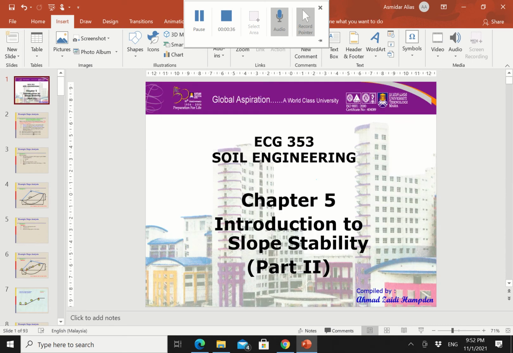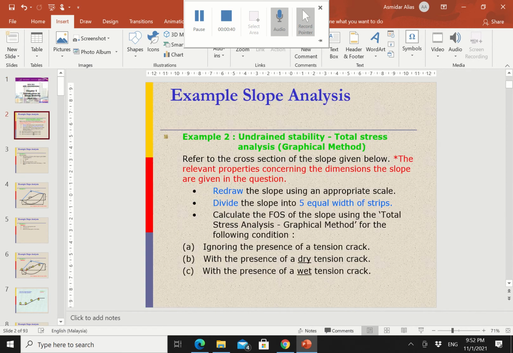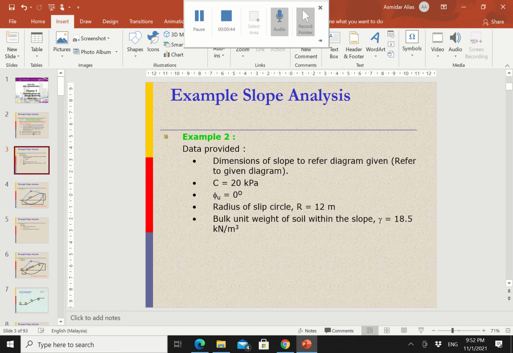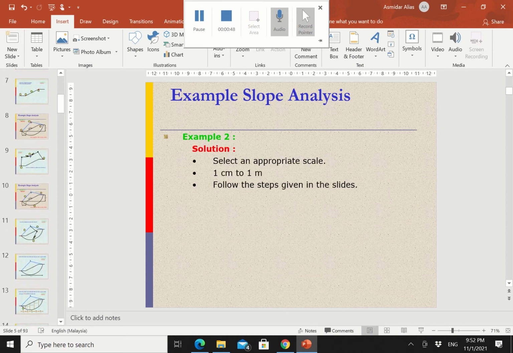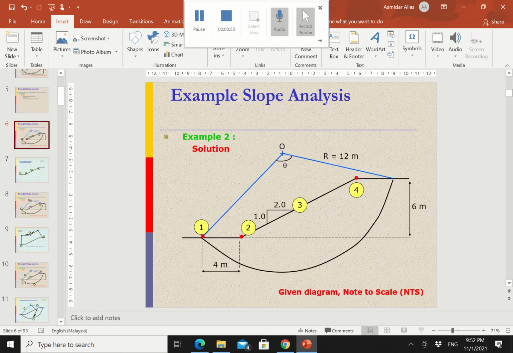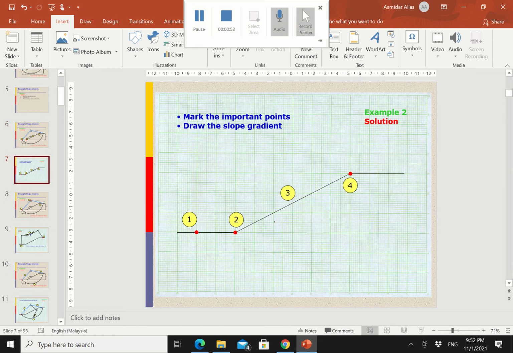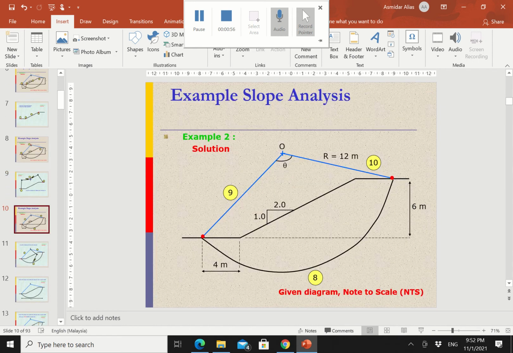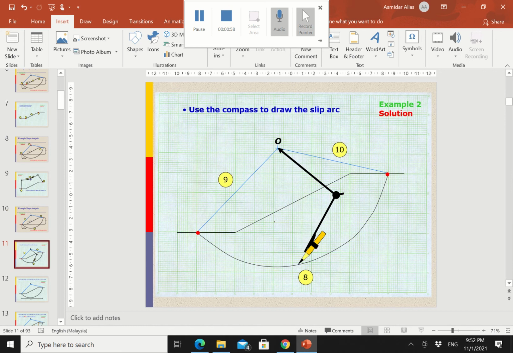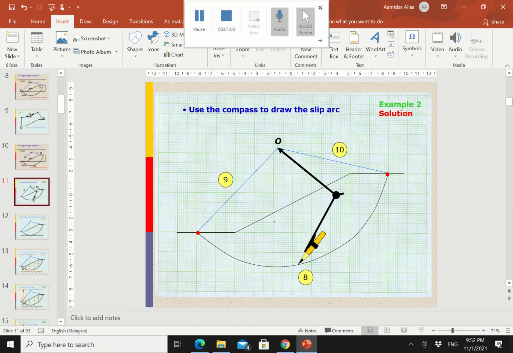This is the introduction to slope stability. This is a very good slide that you can refer to. The first half of this slide is all about what we already did in the previous week when we calculated FOS under total stress analysis.